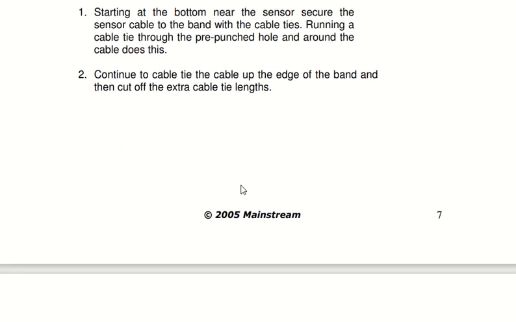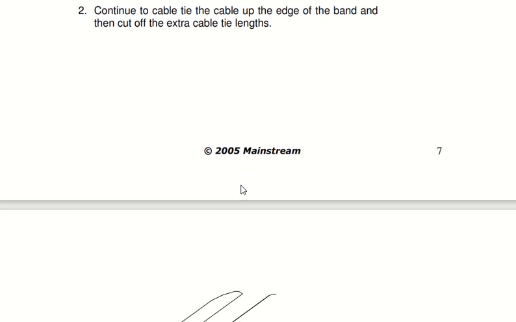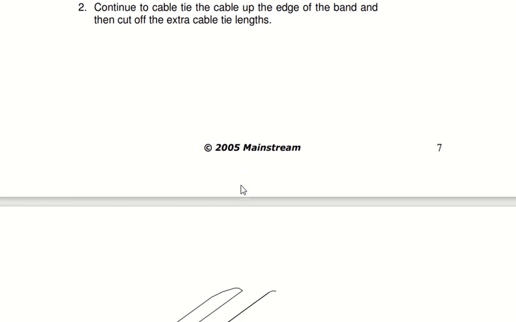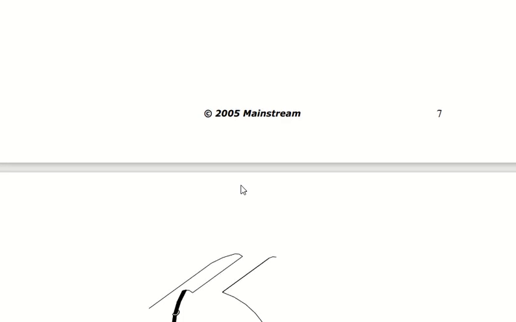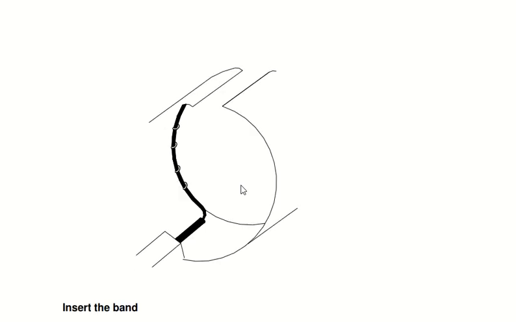Starting at the bottom near the sensor, secure the sensor cable to the band with cable ties, running a cable tie through the pre-punched hole and around the cable. Continue the cable tie up to the edge of the band, and then cut off the extra cable to this length as you can see here.